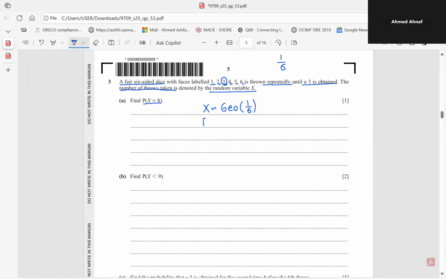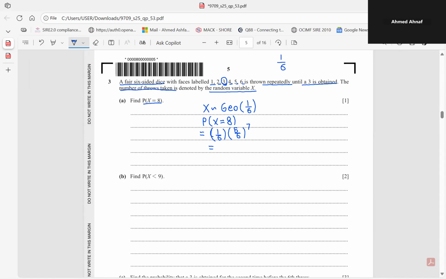Okay, so now we can find P(X = 8). So X equals 8 means the first 7 attempts would be failures and the final 8th attempt would be successful. So this would be 1 over 6 times (1 minus 1 over 6), the probability of failure, raised to the power 7, since there are 7 failures.